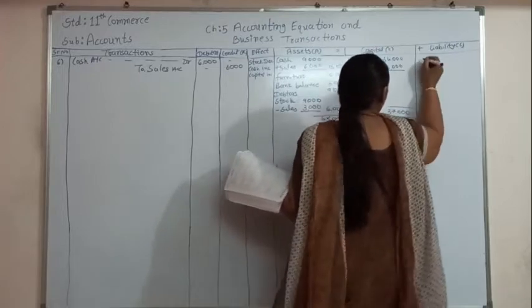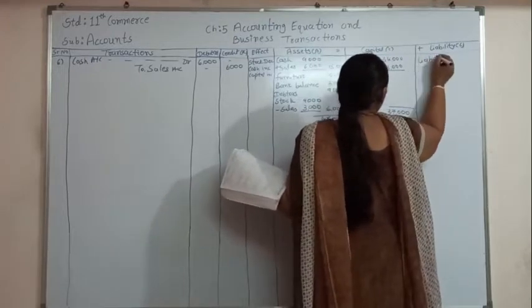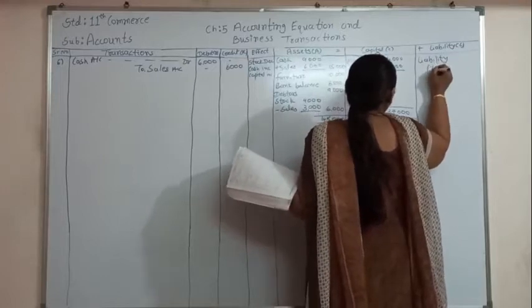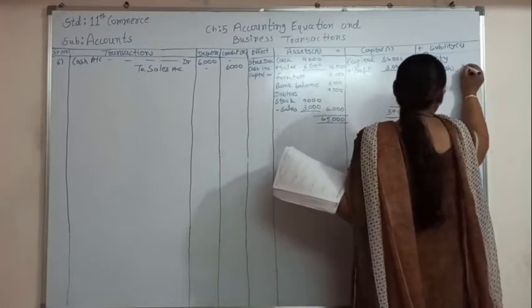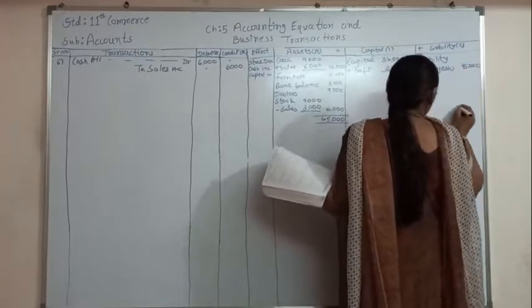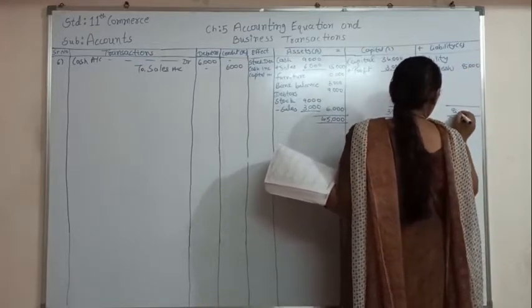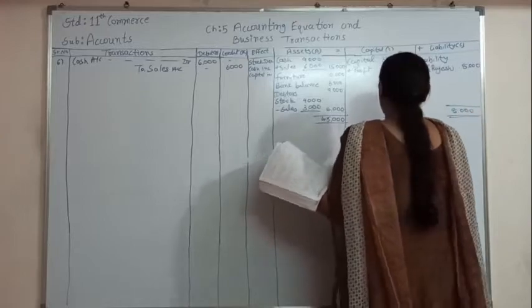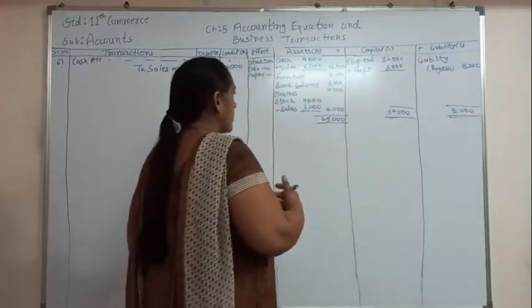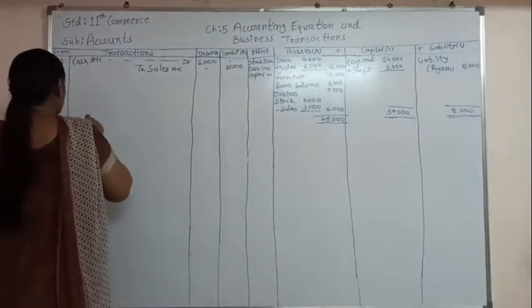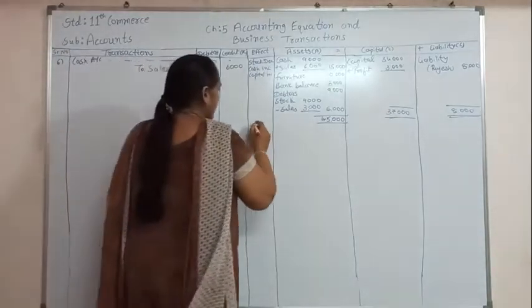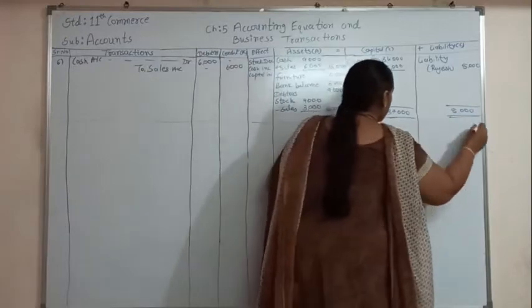And liability of Rajesh, plus 8, it will be 45. So here we are finished with this transaction, and now let's see the next transaction.